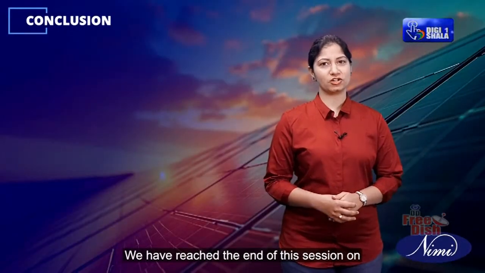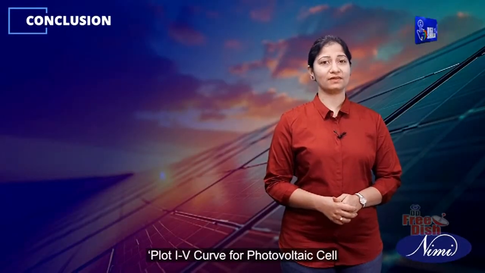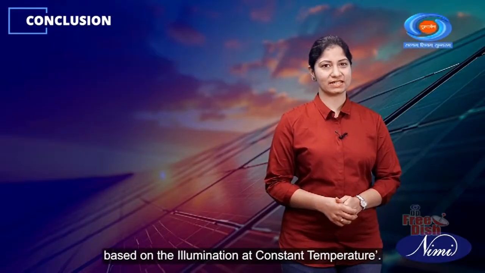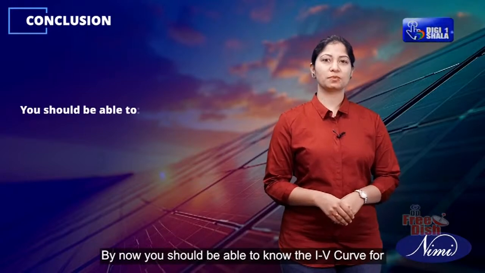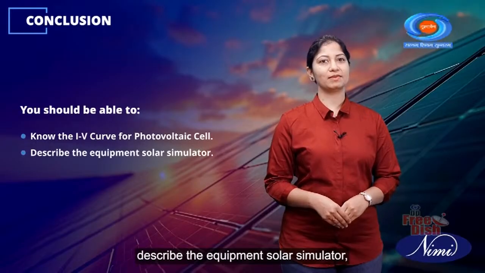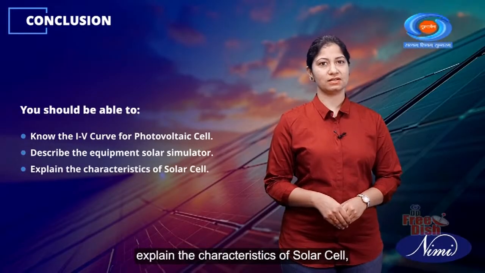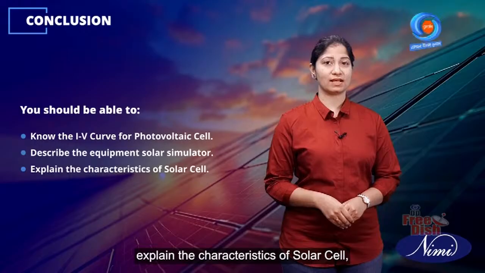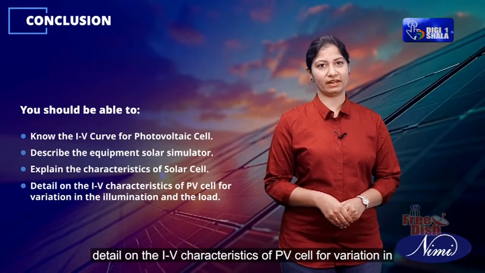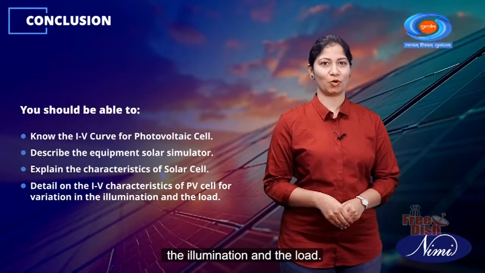We have reached the end of this session on plotting the IV curve for a photovoltaic cell based on the illumination at constant temperature. By now, you should be able to know the IV curve for a photovoltaic cell, describe the equipment solar simulator, explain the characteristics of a solar cell, and detail the IV characteristics of a PV cell for variation in the illumination and the load.